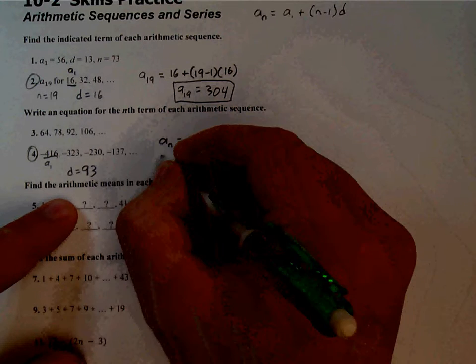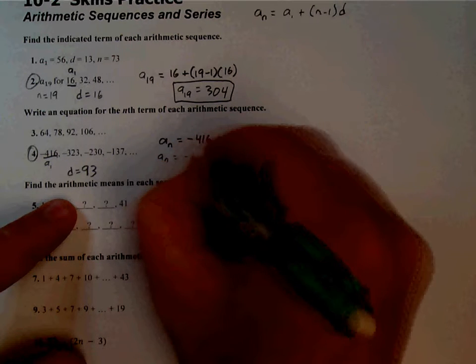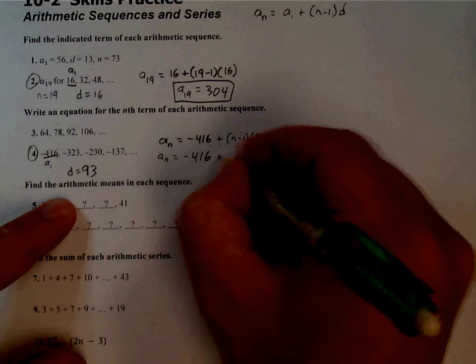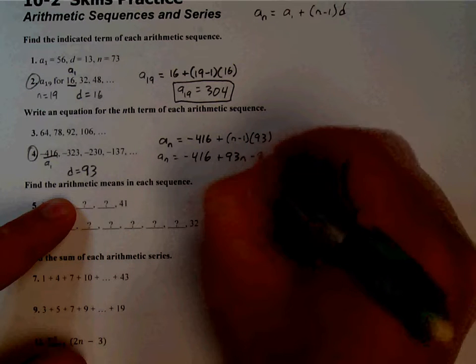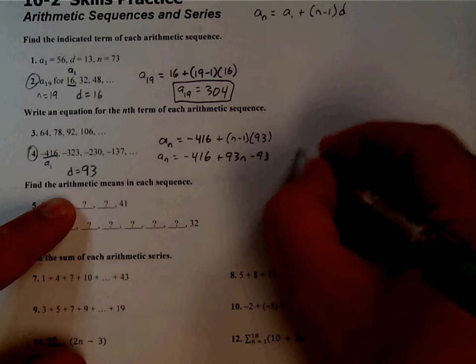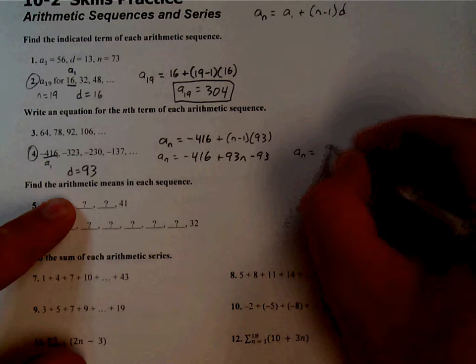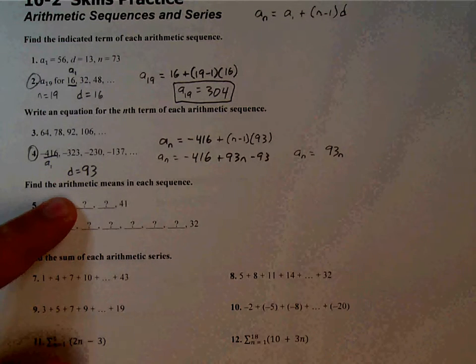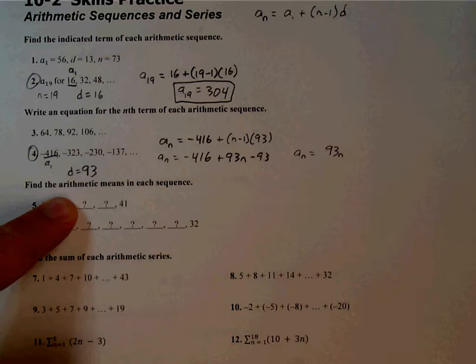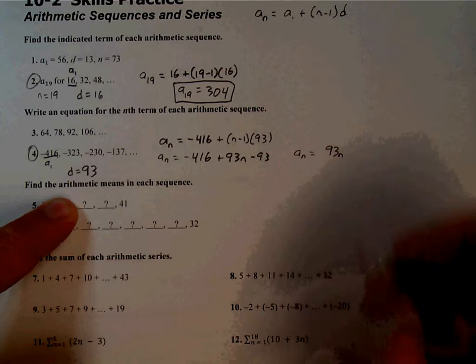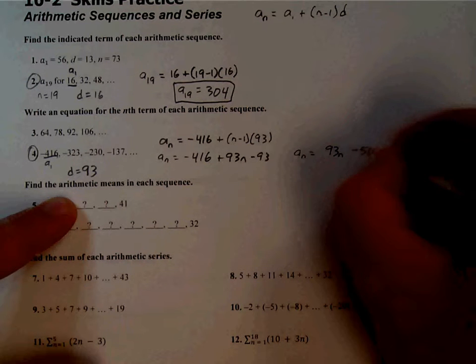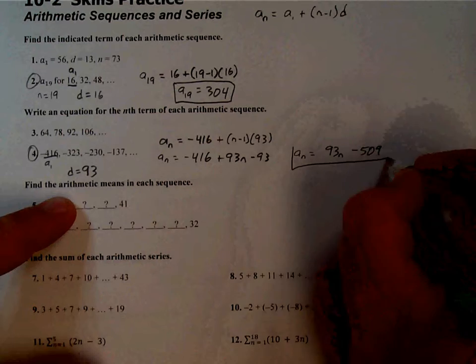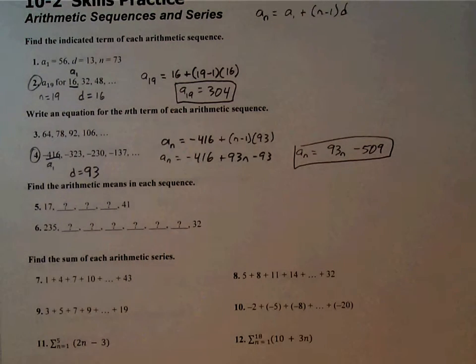I will distribute, and I'll combine like terms then. So I have negative 416 minus 93 to get negative 509. So 93n minus 509.